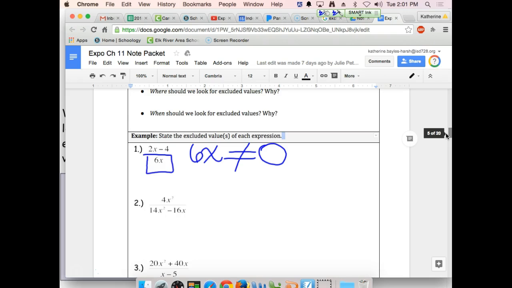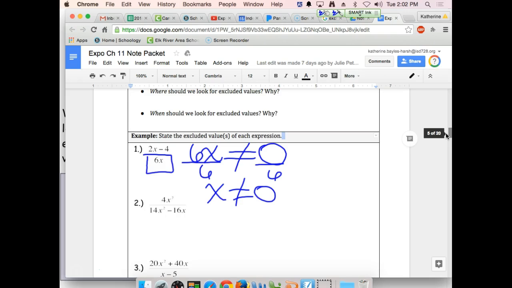We're setting these all to equal 0, and we're going to solve. To solve for this one, I'm going to divide by 6, and we have x does not equal 0 divided by 6, which is 0.